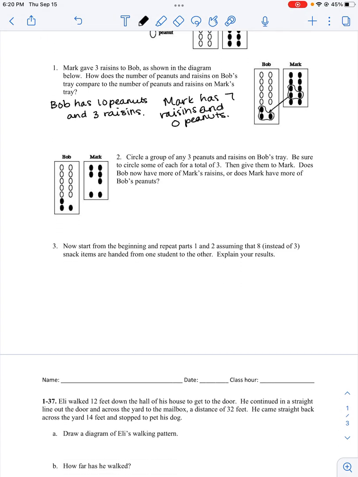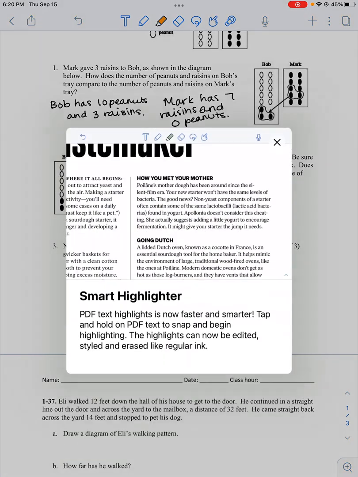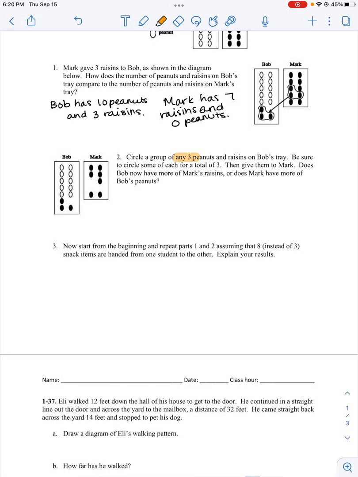For number 2, we need to circle a group of any 3 peanuts and raisins on Bob's tray. We need to circle some of each for a total of 3, then give them back to Mark. Does Bob now have more of Mark's raisins, or does Mark have more of Bob's peanuts?